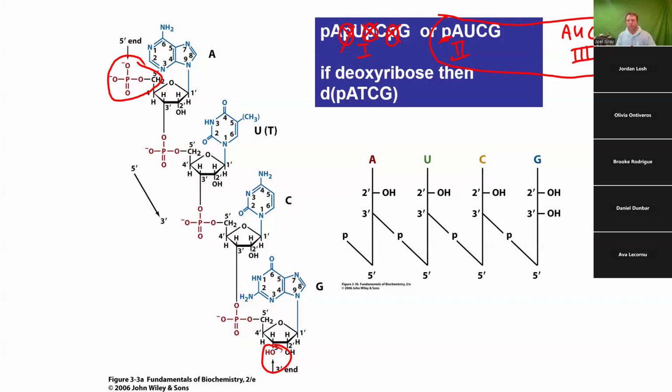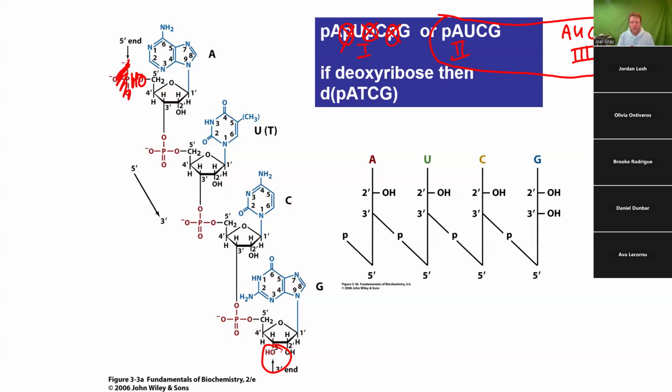Now, my progression there is, could you synthesize a molecule without a 5' phosphate? Yes, you could. So what would that look like? Instead of this phosphate group, you would just have an OH.